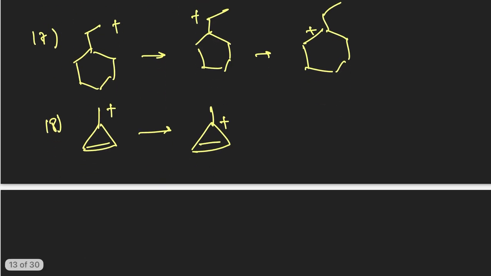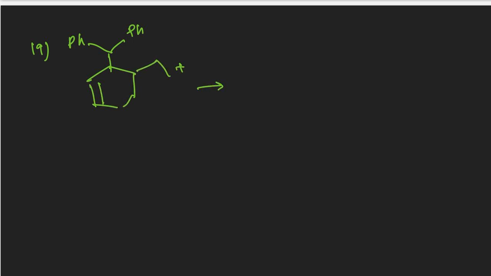Now 19th problem, that is a quite interesting shift. We have Ph, and we have carbocation here. So first the carbocation will shift because it is stabilized from 1 degree to 2 degree. Then it is going to shift because it is stabilized from 2 degree to 3 degree.